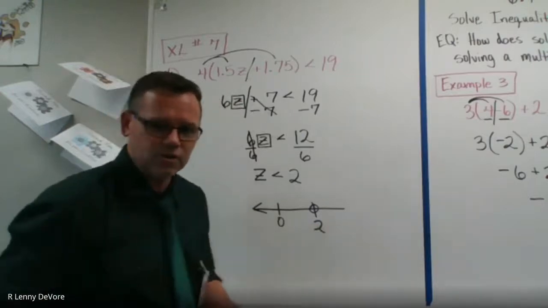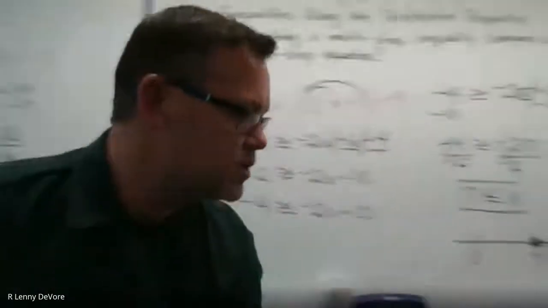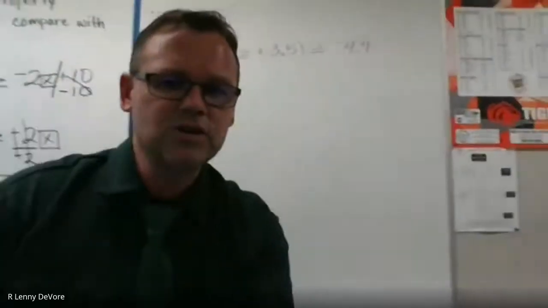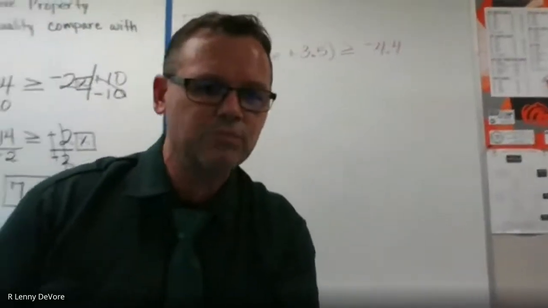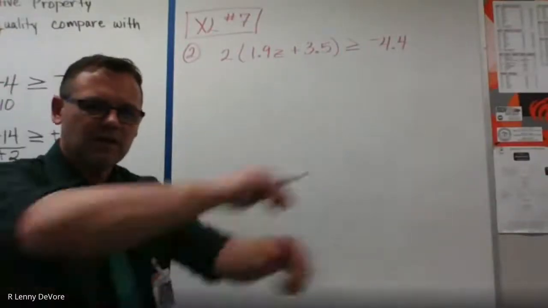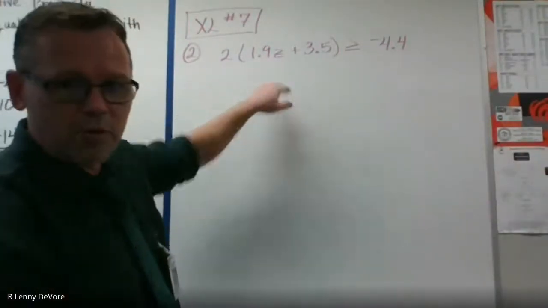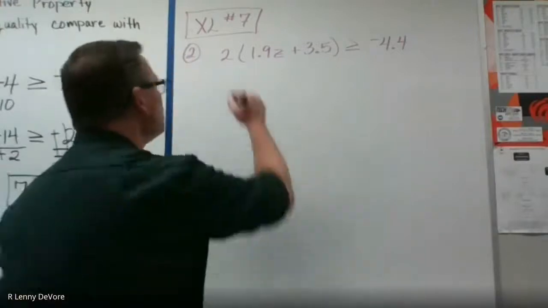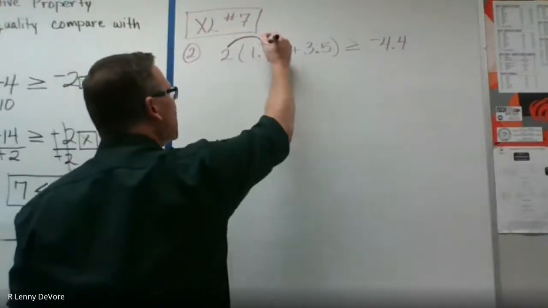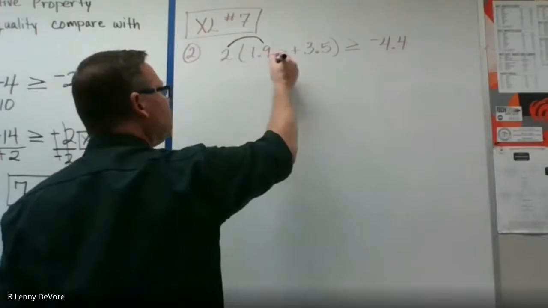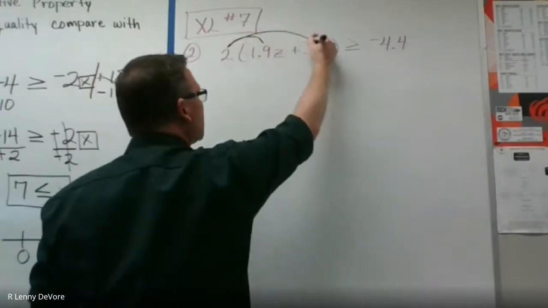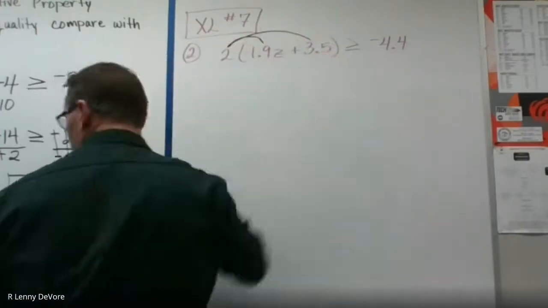All right, let's do the second part of Excel number 7. I could have just left you on it, but I decided, nope, I'm going to do it too, okay? So this is the second part. Again, we're using the distributive property, so we're pretty much solving this the same way. 2 multiplied by 1 9/10 z and 2 multiplied by a positive 3 5/10.